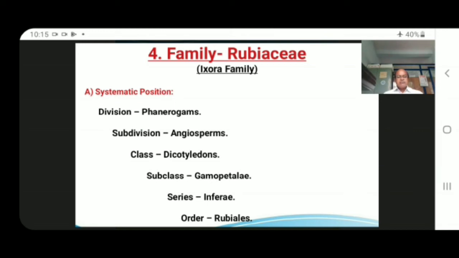Then the second common example of this family is Gardenia resinifera. In Marathi it is called dikemali. This plant also shows some economic importance, such as it is used as ornamental shrub with fragrant flowers. It is used in traditional medicine systems.